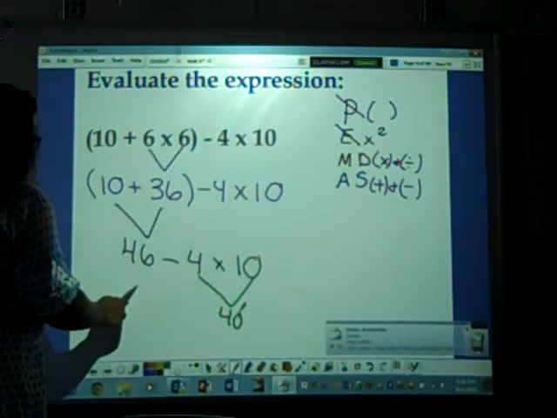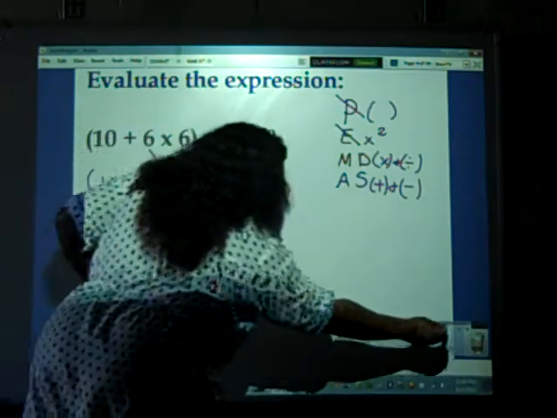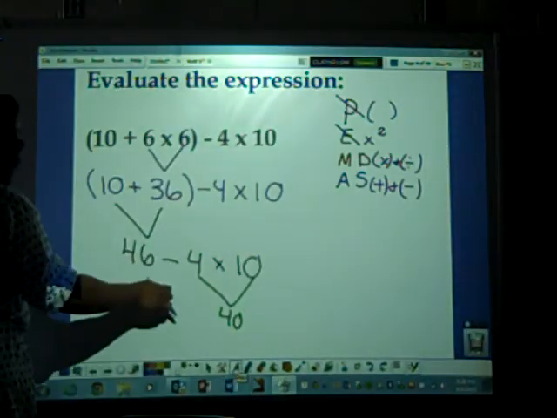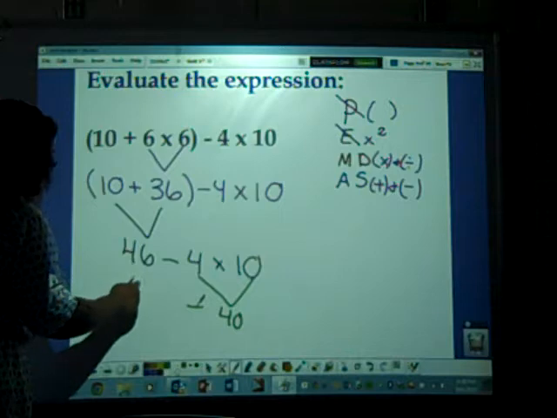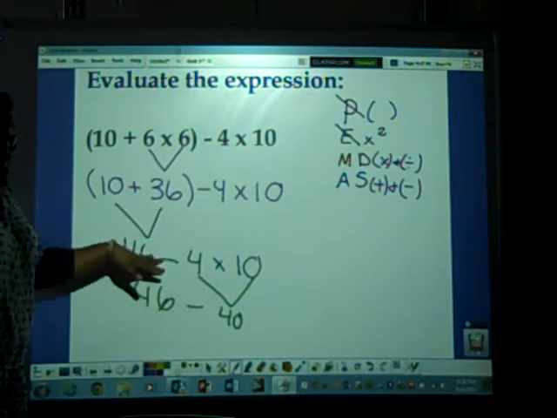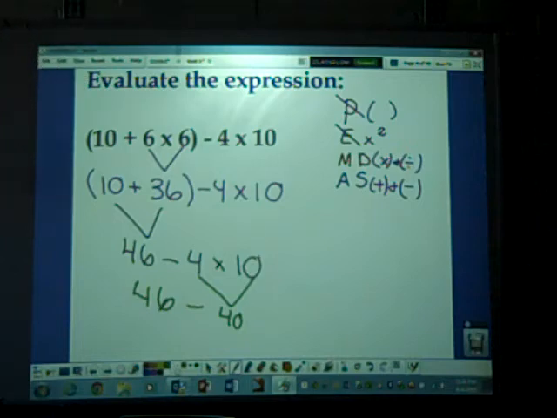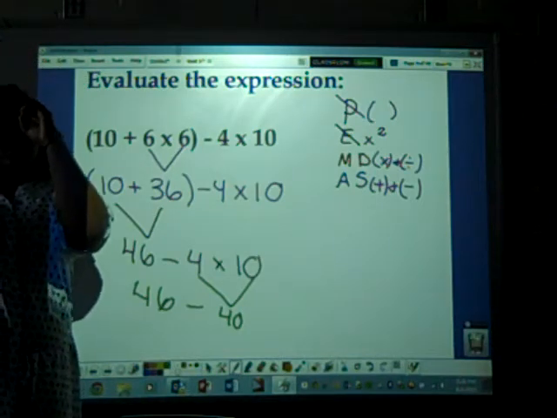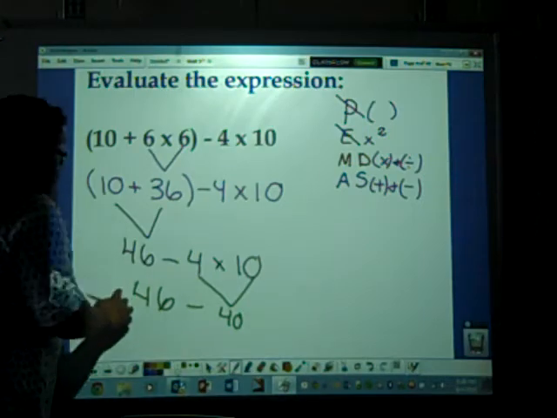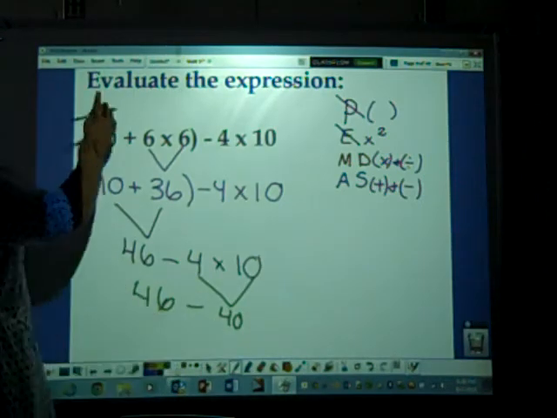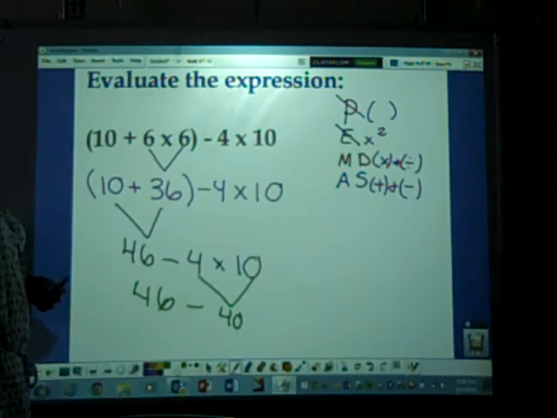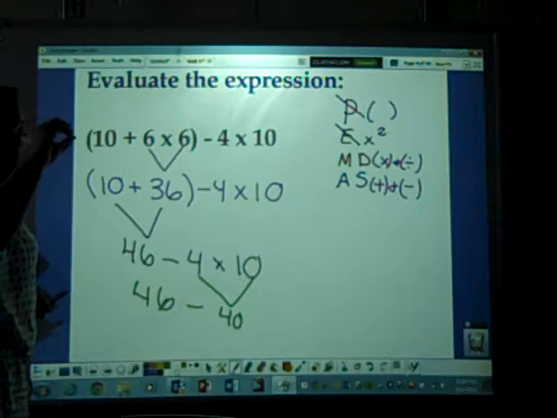Now, I need to bring down my minus sign and my 46 because I can't leave that up there. I have to get a single number as my final answer. I cannot leave an expression because they told me to evaluate it. I need to keep evaluating till I get down to one single number.